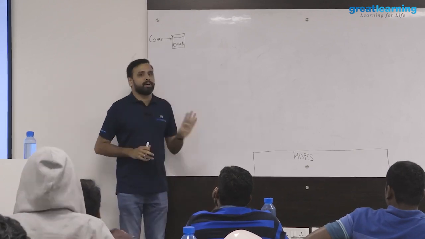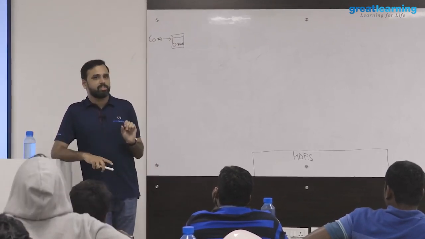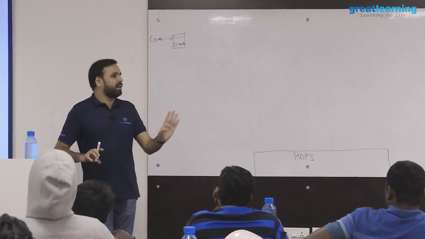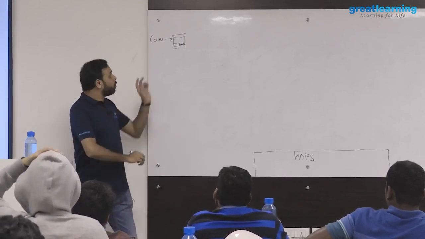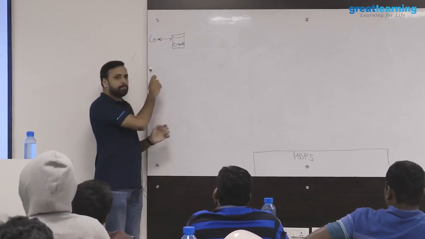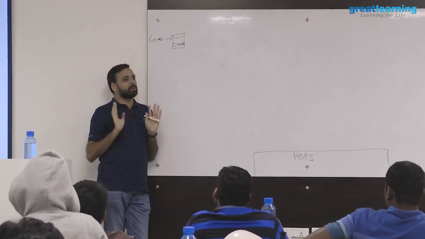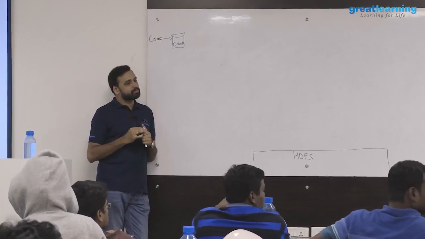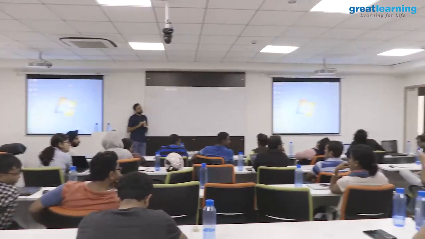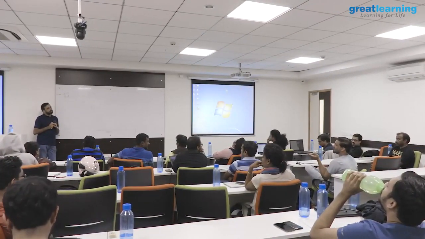Nobody can replace RDBMS, because RDBMS is the only system which gives you consistency. You know what an RDBMS is anyway, right? ACID properties. So for core banking, they are still using the same Oracle DB, and nothing can beat it. There is no system on earth which can beat it. The reason they are still using it is because if somebody has to migrate to another database, it takes a lot of time, effort and money.